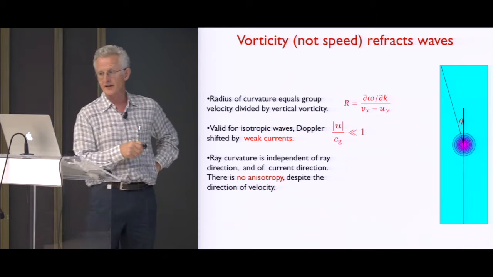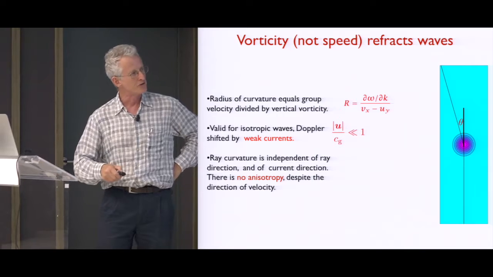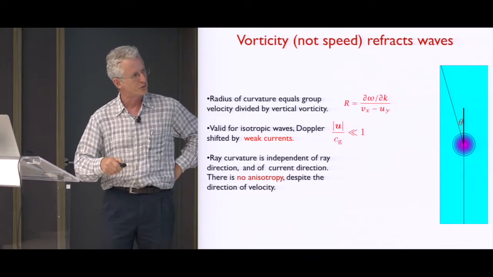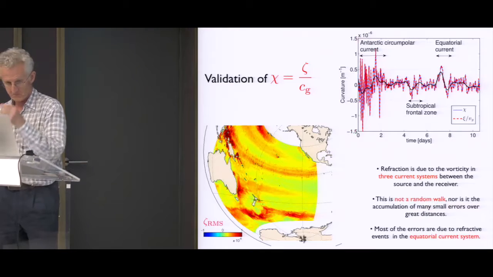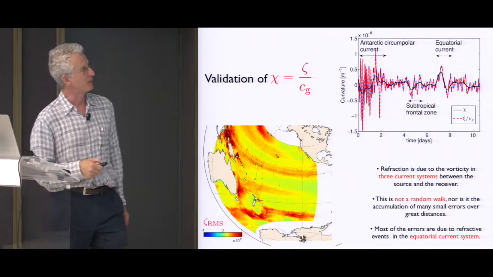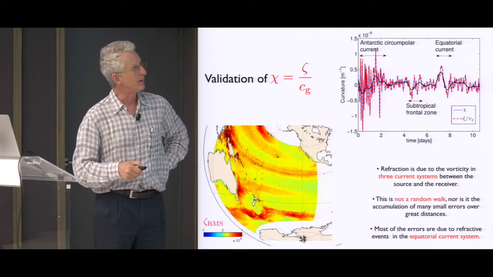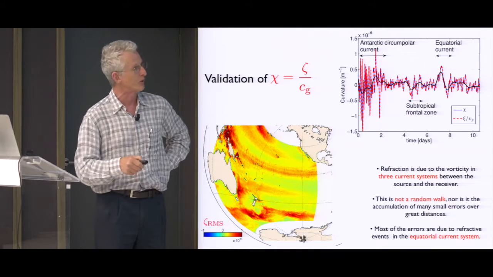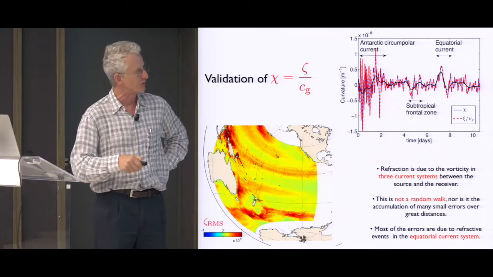So this is the closest thing we have to something like Snell's law, which you can use to build some sort of intuitive picture of wave propagation in a moving medium. And it works spectacularly well. So in this picture here, we're comparing an exact solution for ray propagation through complicated surface currents.